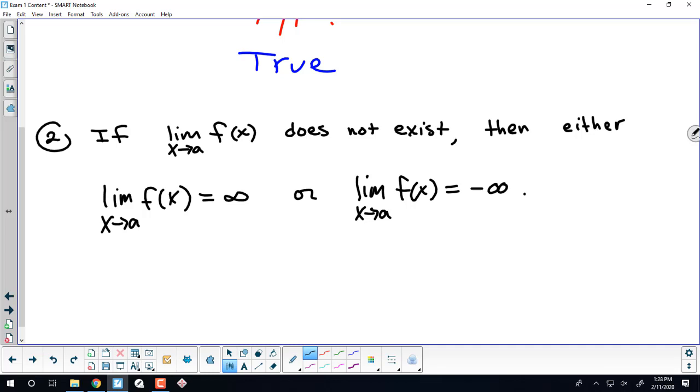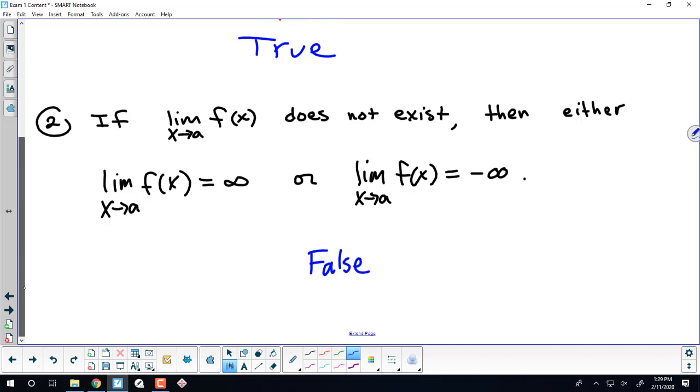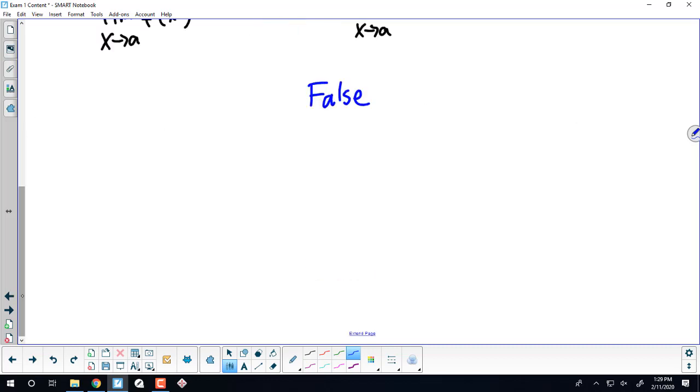If it's false, why is it false? There are other scenarios, other options. It doesn't just have to be those two. For example, it could be a hole at a. We've seen different scenarios that fall in line with this.